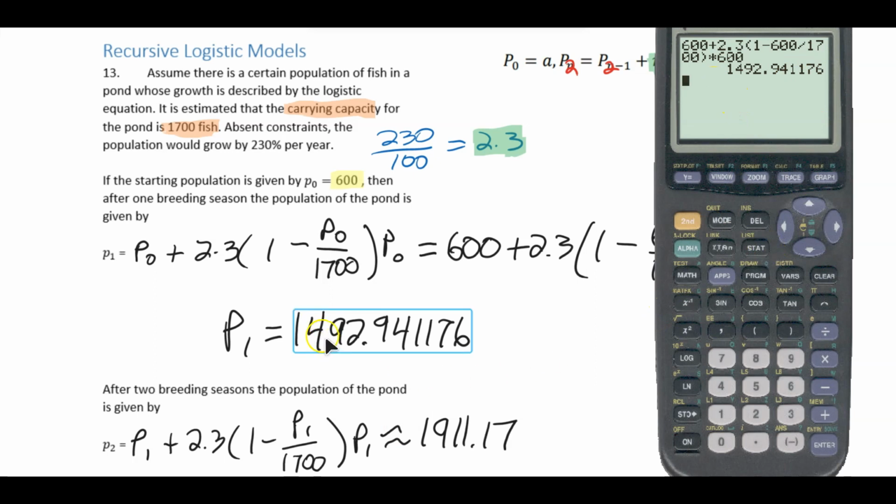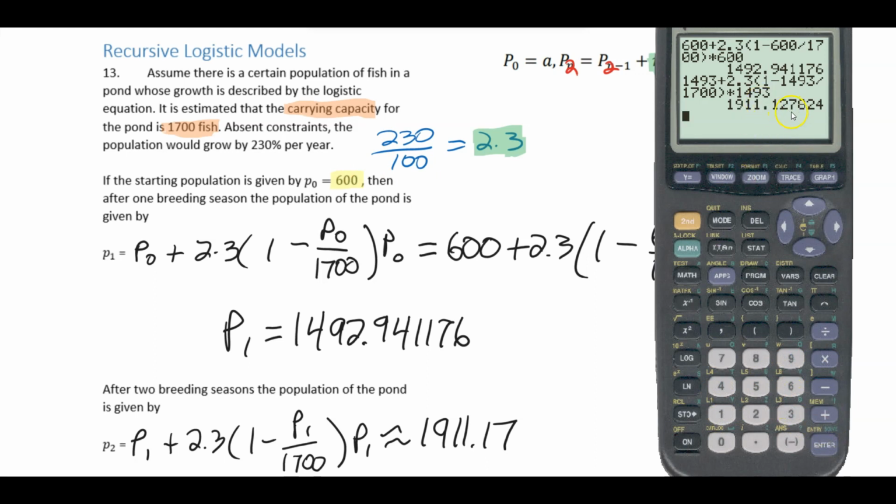Let's say we just go with 1493, just to show the keystrokes again. We would have P1 1493 plus 2.3 times 1 minus P1 1493 divided by 1700, close parenthesis, times 1493.